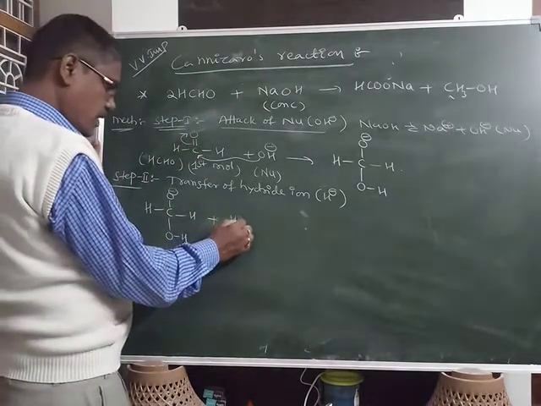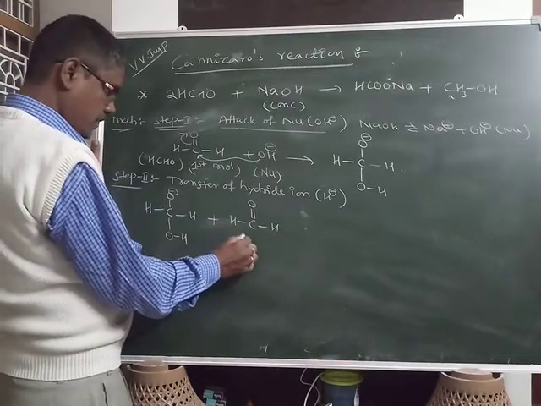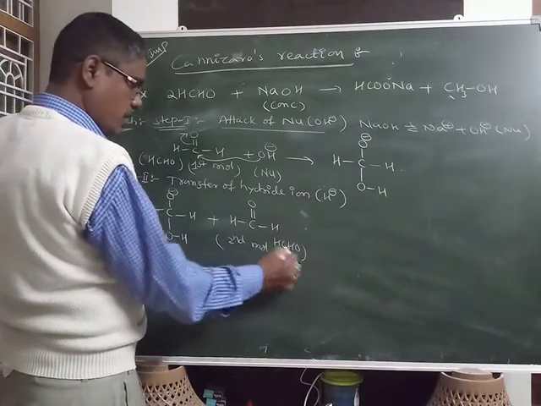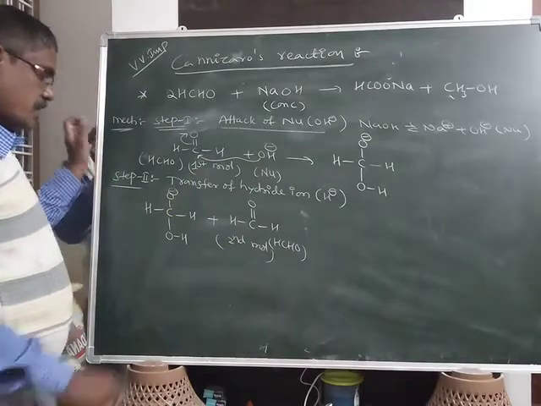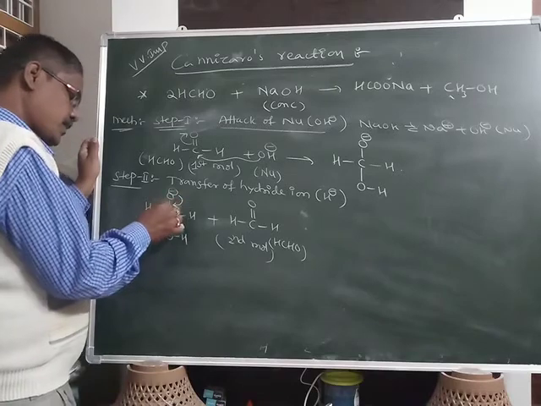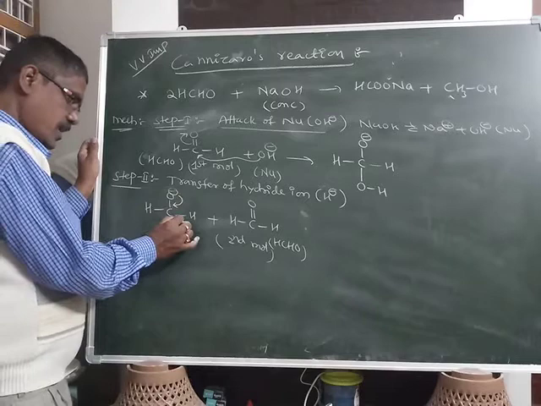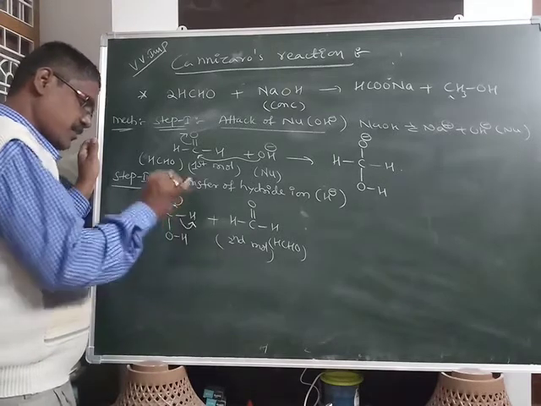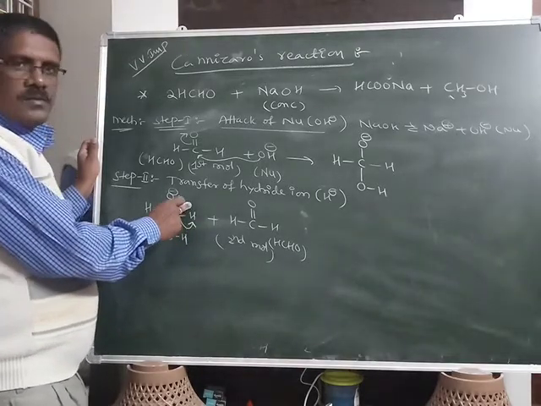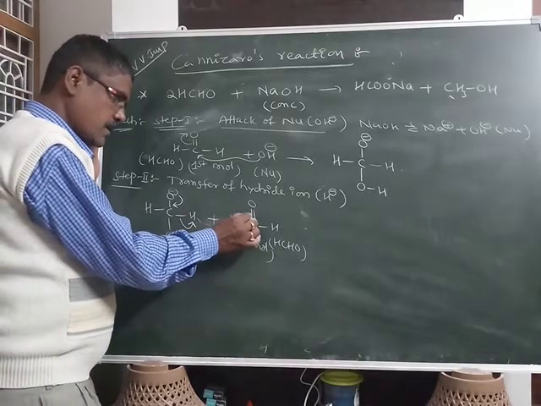Now the second one, this is the second molecule of formaldehyde, HCHO. At this stage this bond shifted to this side, now there is a double bond between carbon and oxygen. That's why this H minus is shifted from here to here by the shifting of this one.